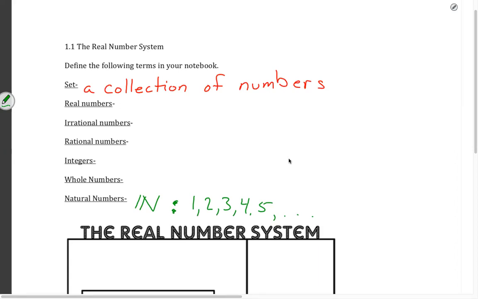Now, what's the difference between natural numbers and whole numbers? Not a whole lot. Whole numbers are kind of like a W, and the only difference is I add 0 in it.